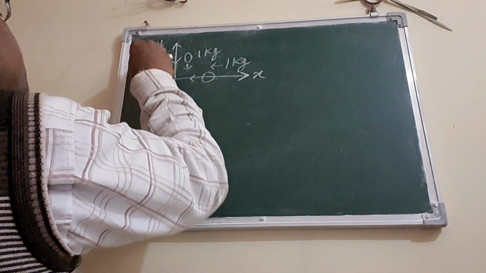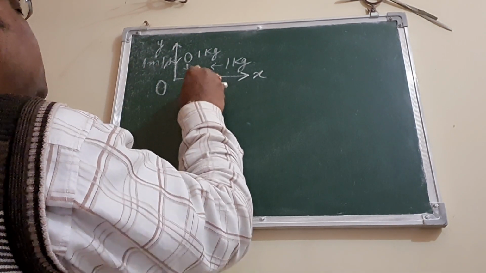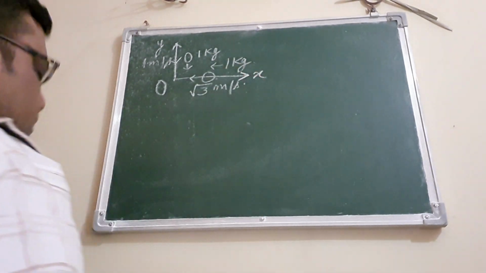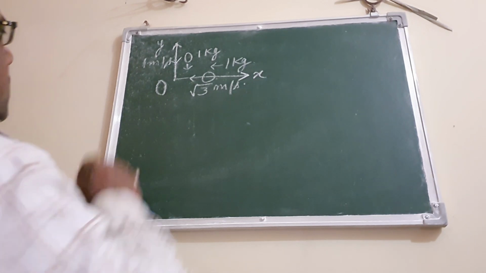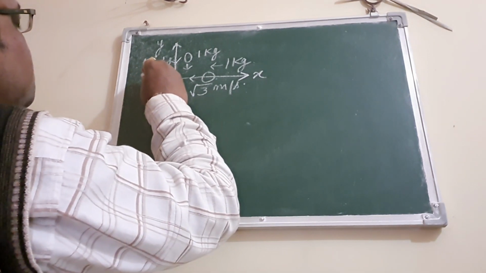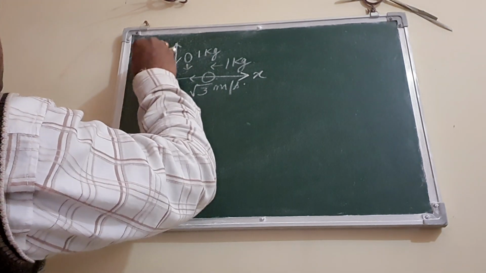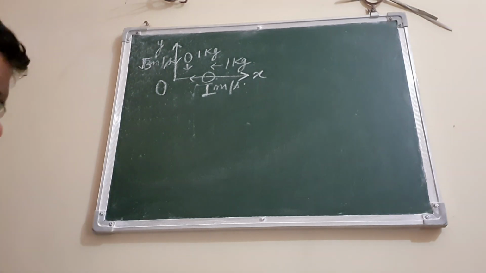This is having a velocity of 1 meter per second and this is having a velocity of root 3 meter per second.